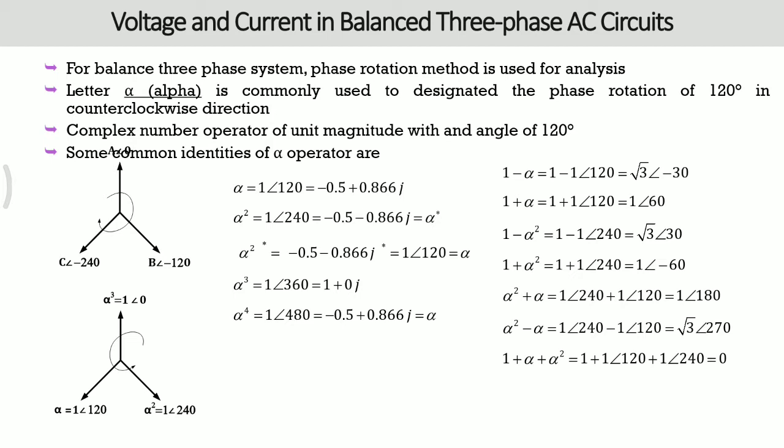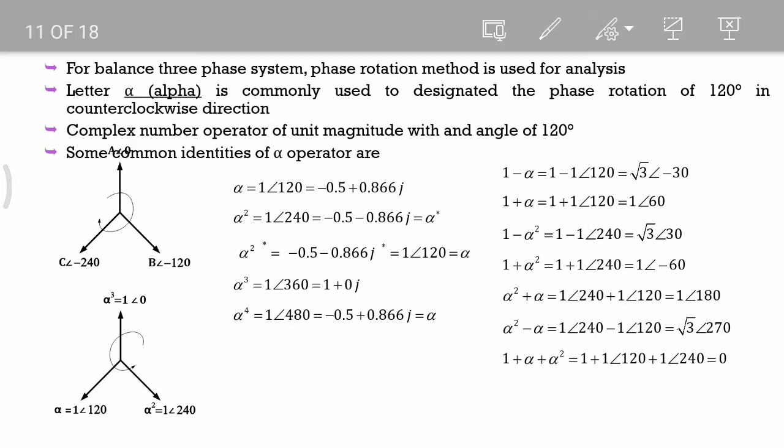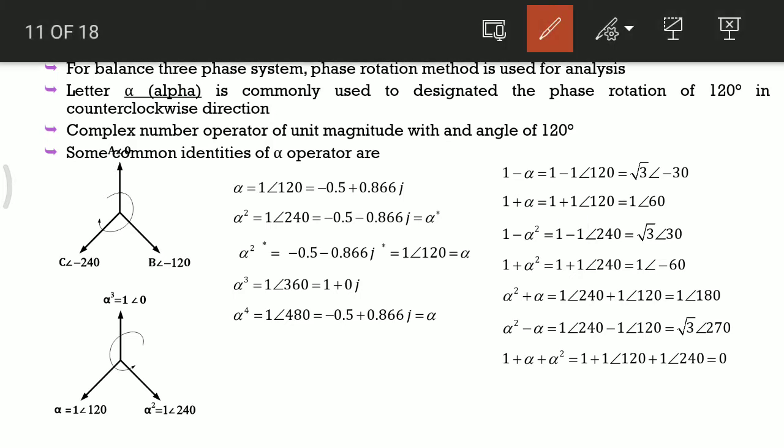Okay, so here you can see in the figure, let me take the pen. Okay, so here is our alpha. If we square it, then it will rotate counterclockwise. So if we square the alpha, it becomes alpha square, whose value is 1 at an angle of 240 degrees.